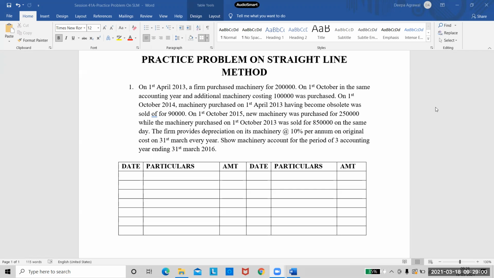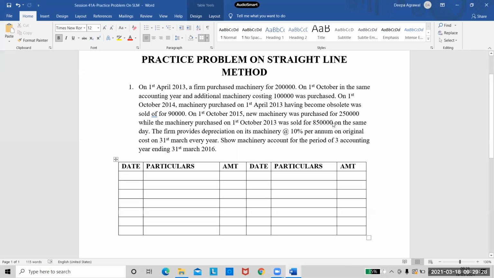Now see the remaining. On 1st October 2015. 2015 is which year? Third year. So in the third year, new machinery was purchased for 2,50,000. So in the third year, we are purchasing third machinery. While the machinery purchased on 1st October 2013, that is the second machinery, was sold off for, it should be 85,000, not 8,50,000.